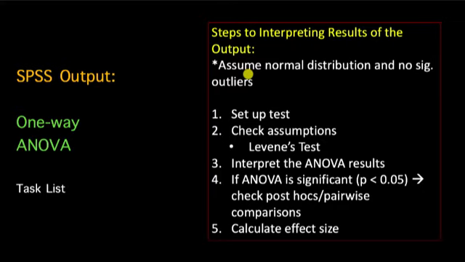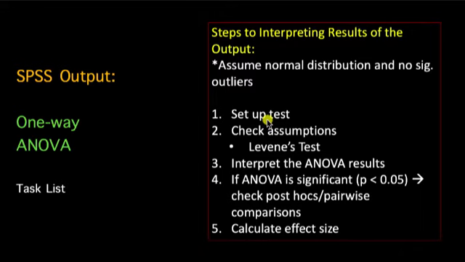The normal distribution and no significant outliers is related to your dependent variable. And just to limit the number of steps that you're going to be doing in your procedures, we're just going to assume the dependent variable is normally distributed with no significant outliers for all of our groups that we're comparing.